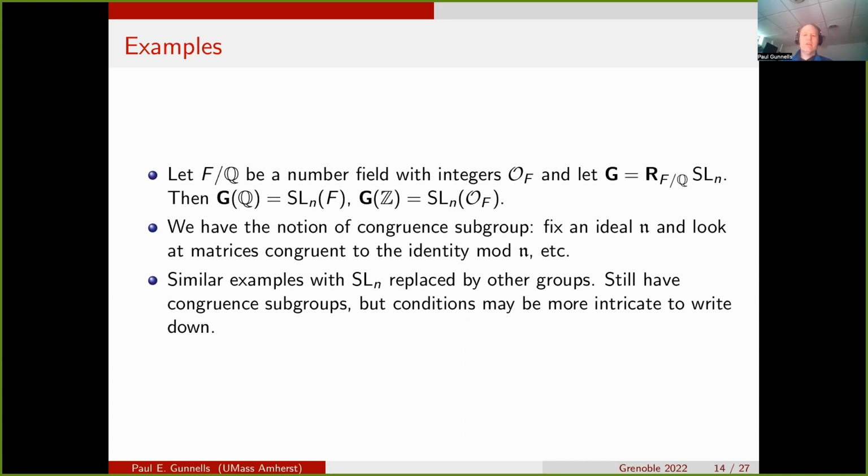There could be more interesting, more complicated ones. For example, there's something called the paramodular subgroups of Sp_2n. Things definitely get different when you get away from the easy world of SL_n and GL_n, but you can still work it out, and it's not that difficult.